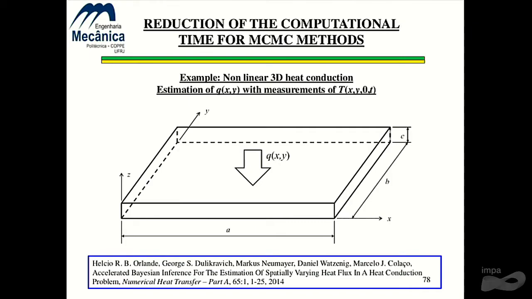So one example is this plate. It's one plate, a very thin plate. Its size is A, B, C. The thickness of the plate is C, a very thin plate. It's a heat conduction problem, and we have an imposed heat flux here at the top boundary.